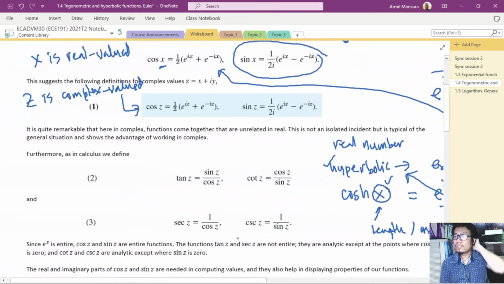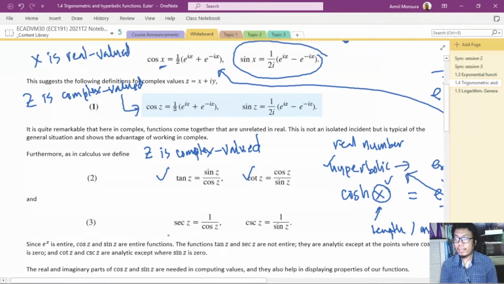So here again, at this point we consider z to be complex valued, and even then, the trigonometric functions retain their definition.